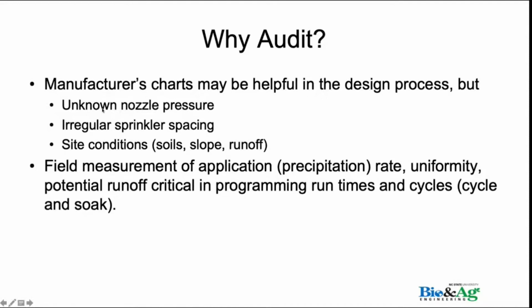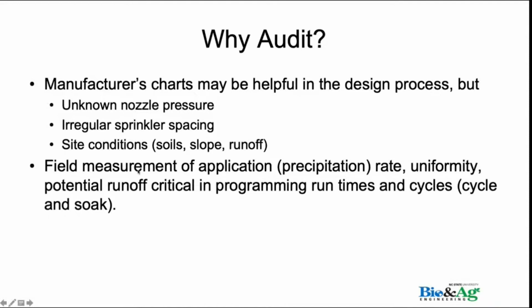We might not know the nozzle pressure. There might be an irregular sprinkler spacing. Additionally, we want to monitor the conditions that may be native to the soil's slope and look at runoff, because it's not just about run times, it's do we incur runoff at certain run times of irrigation. So we'll take a field measurement of the application or precipitation rate. And then from that, we can do a uniformity assessment. How uniformly is the water being applied over our irrigated area?